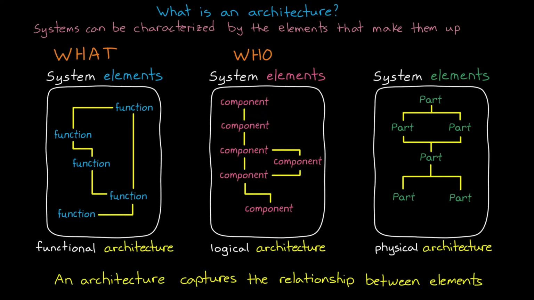And finally, we can think about where those components will be physically implemented. In this way, we can progress through system design by creating different architectures, by looking at the relationships between functions, and the relationships between logical components, and the relationships between physical parts.